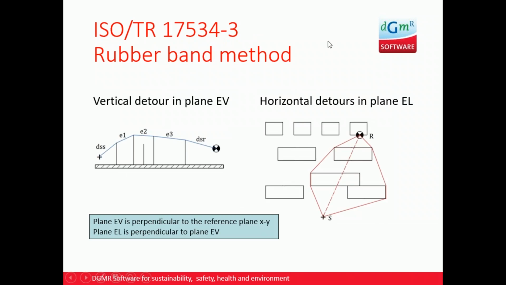So what's the most important part of this quality assurance for the ISO 9613 is the rubber band method. It describes a very unambiguous way to calculate the horizontal and the vertical detours.